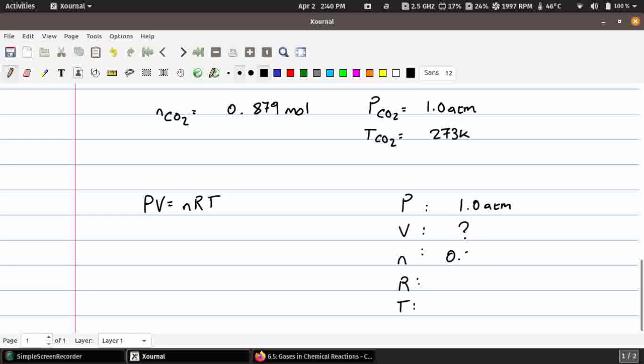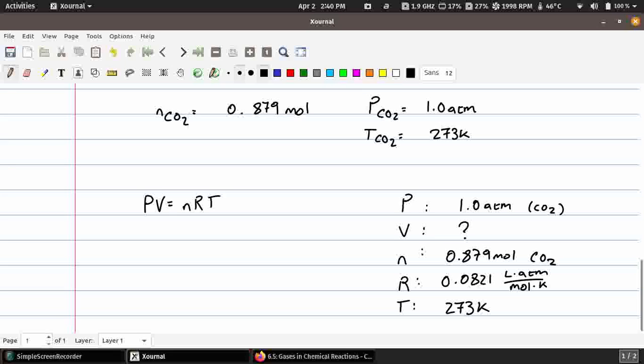Unknown. 0.879 moles CO2, just so you know what it is. 0.0821 liters times atmospheres over moles times Kelvin. And then you have 273 Kelvin.